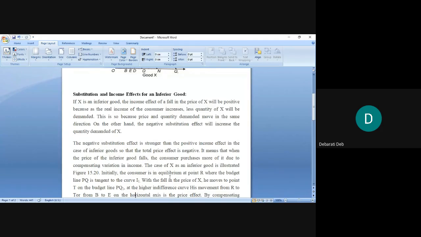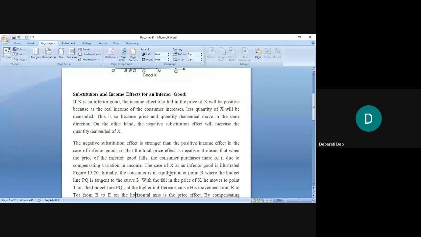Thus the total price effect is going to be negative. If price effect is negative, that indicates what? Ultimately, if the price of the inferior good falls, the consumer will purchase more of it, and this is happening due to the concept of compensating variation in income. Okay. This case has been illustrated in the diagram.